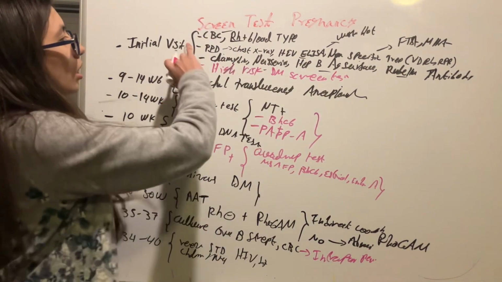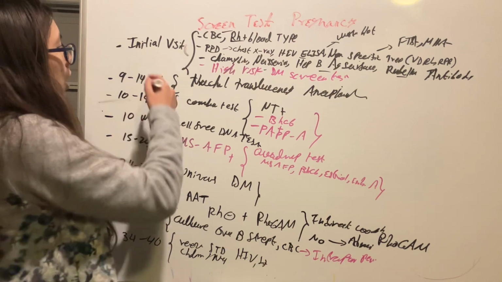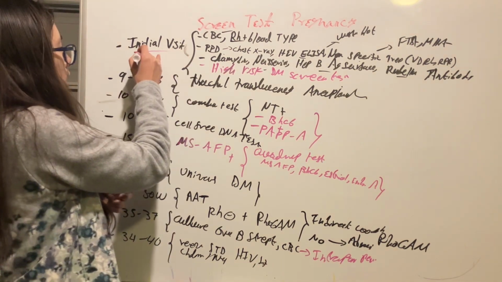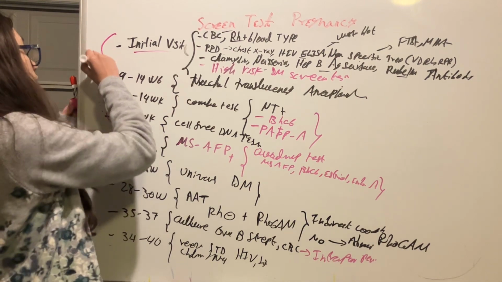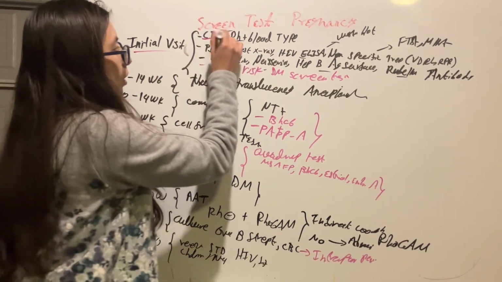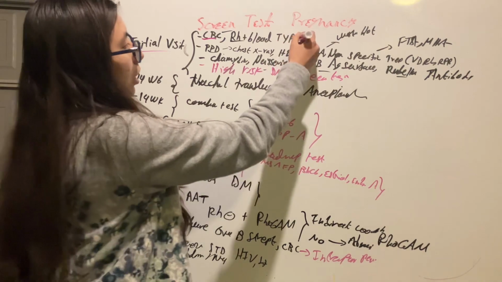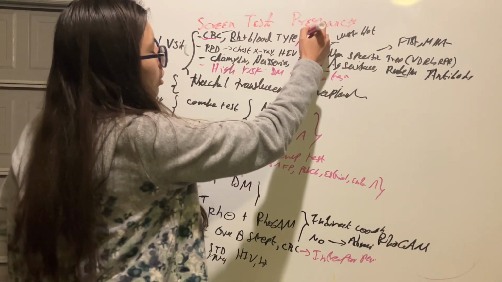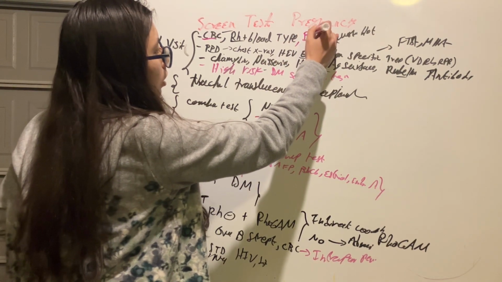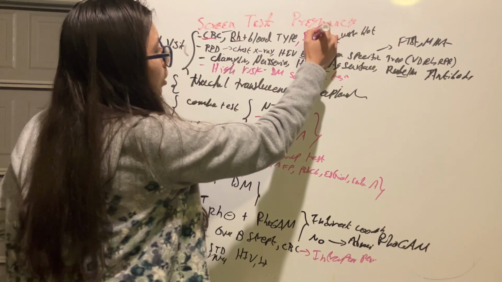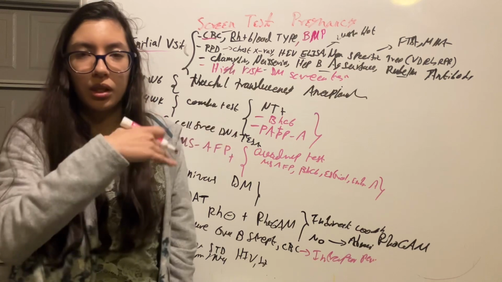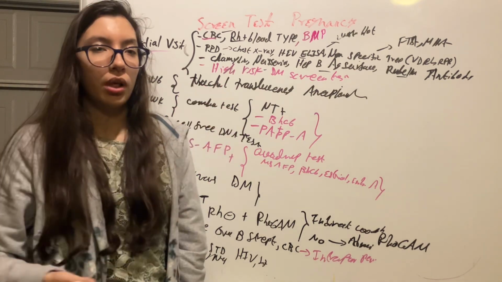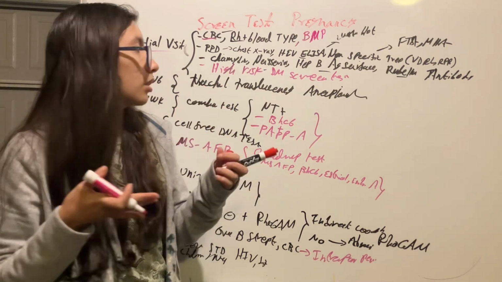So screening tests during pregnancy at the initial visit, which is during the first trimester: complete blood cell count, and also biochemical panel, metabolic panel, which is electrolytes, blood glucose. We want to evaluate and complete how is the patient.